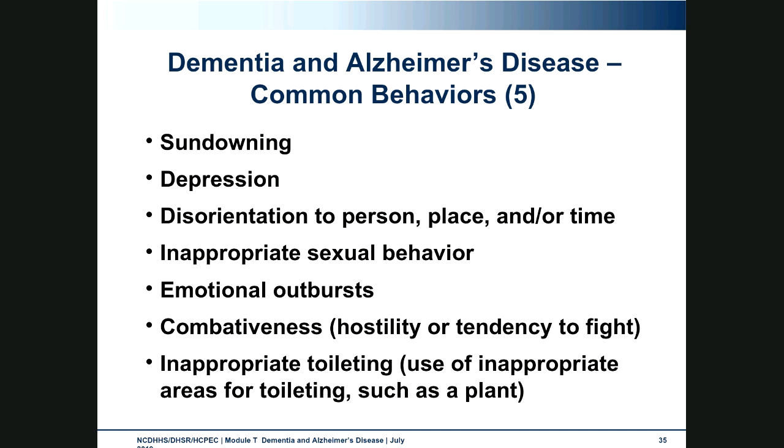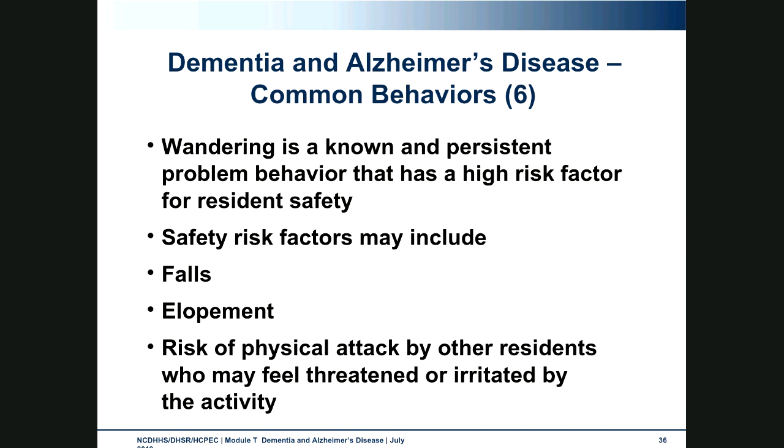They may have emotional outbursts that come out of nowhere. All of a sudden they're just sobbing or they're yelling and we don't know why. Inappropriate toileting, that would be peeing in a potted plant, peeing in the corner in the dining room. These are what we would consider inappropriate toileting. They may start doing things like shadowing, following other people. They may have sleep disturbances.